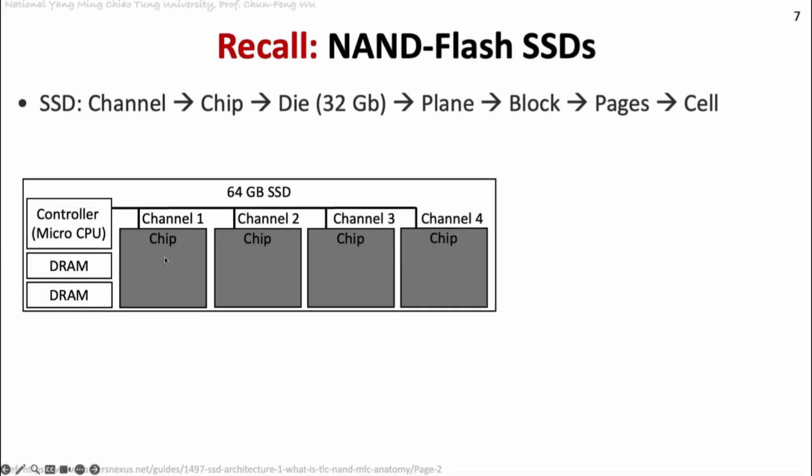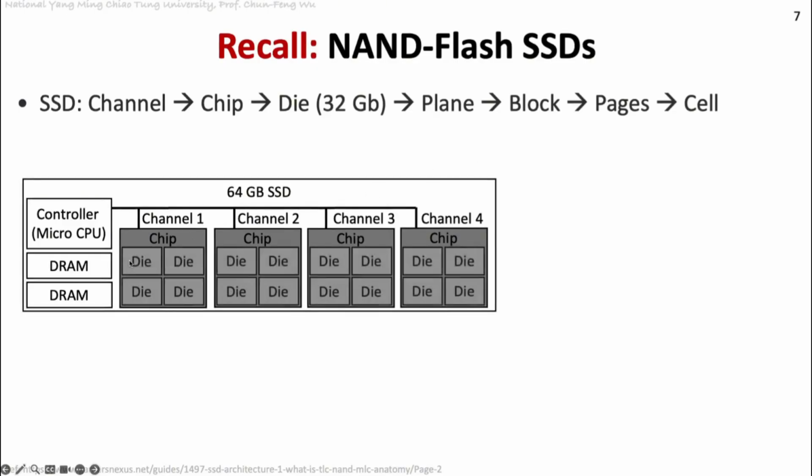Next week we will focus a lot on the right-hand side, the NAND flash cells. The controller connects with several channels, and each channel connects with one chip. One chip has several dies on it, and in this example, there are 4 dies. The die is the minimum granularity to receive a request.